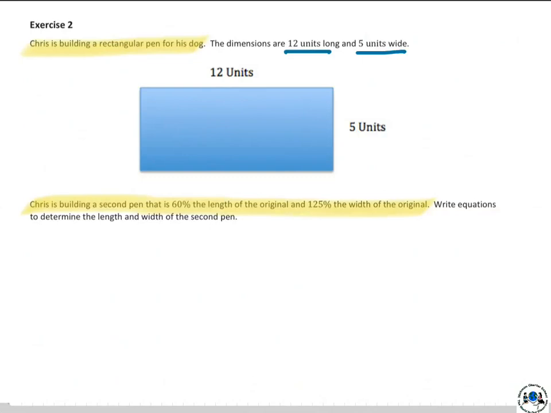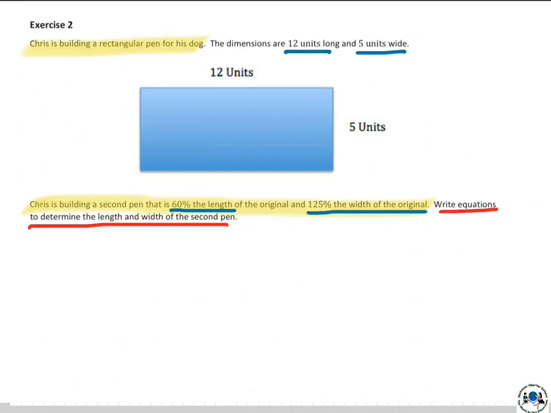Now this is not going to ask us to draw a picture, but rather I would like you to write equations. We're going to write equations to determine the length and the width of the second pen. And of course we've been doing a lot of that.